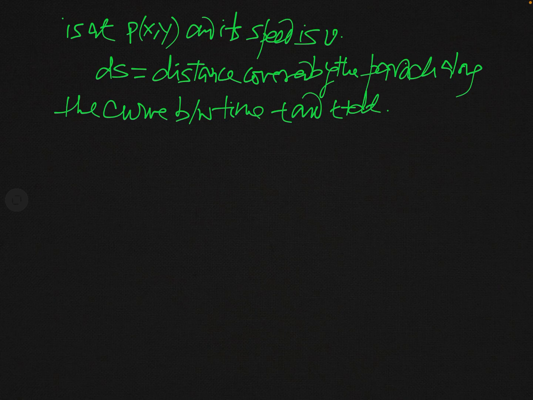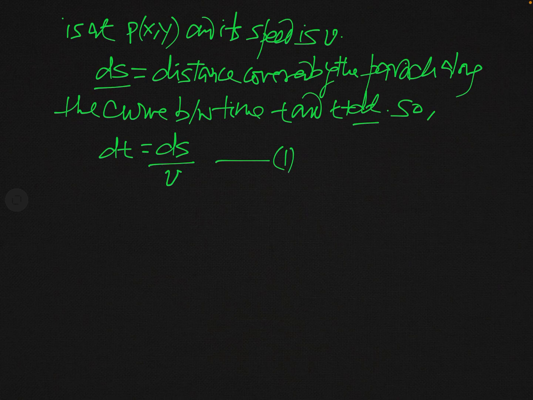Then you can see what this time dt will be. This time dt is actually the time in which the particle has covered this distance ds. So this time dt will be ds over v. Let us say this is equation 1.